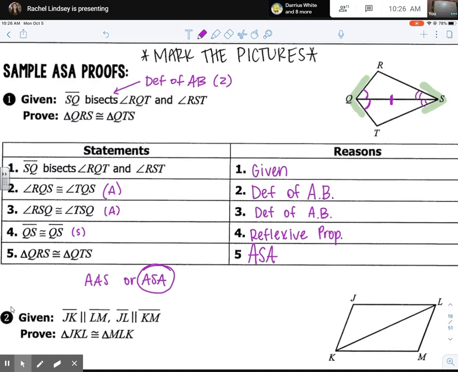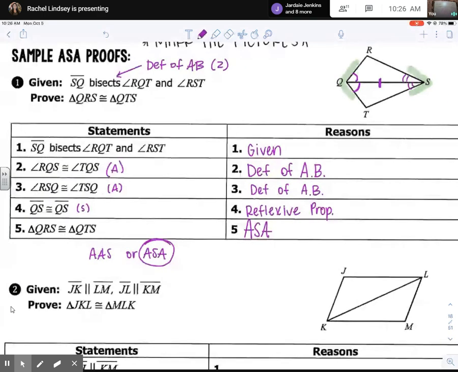So now that next one, all it gives you is that you have two sets of parallel lines. If I have two sets of parallel lines, what can I possibly have? I can have alternate interior, alternate exterior, or corresponding angles.